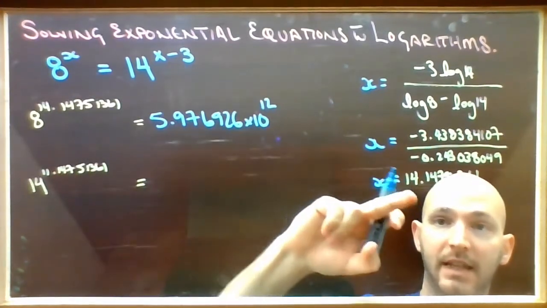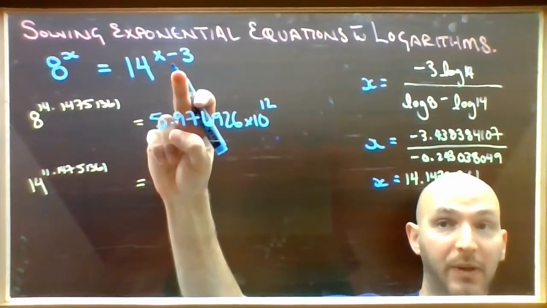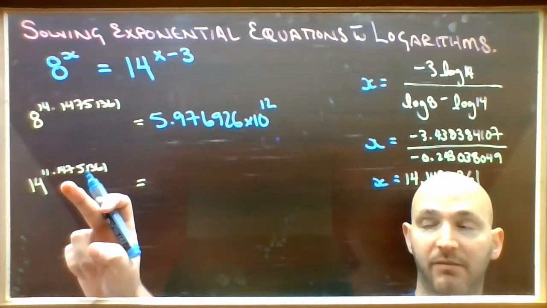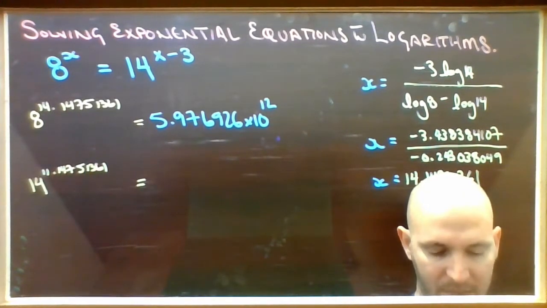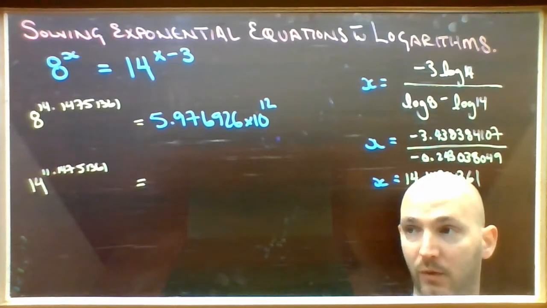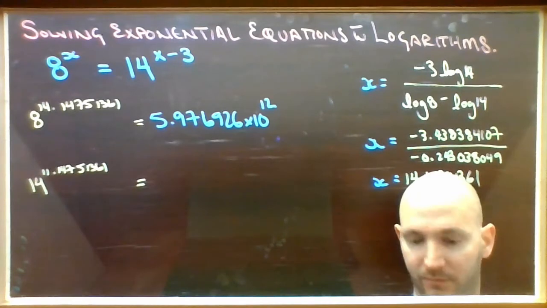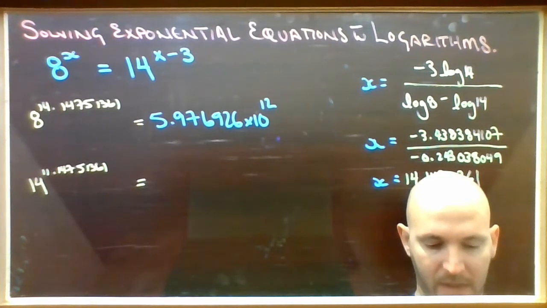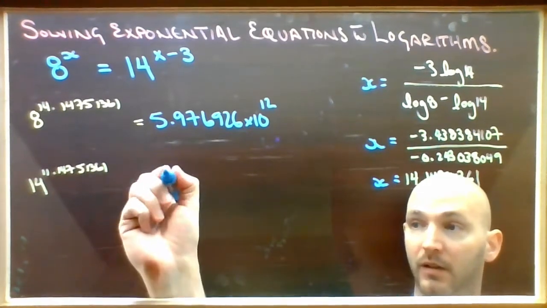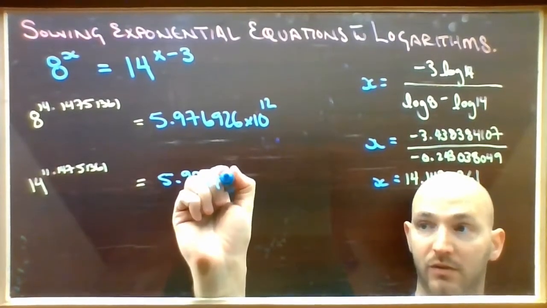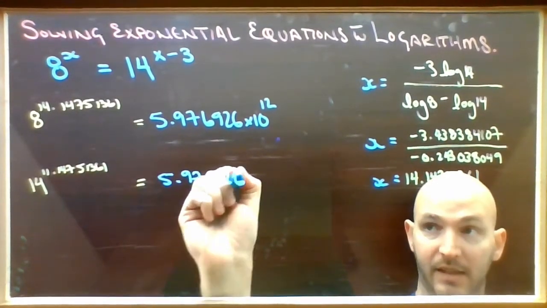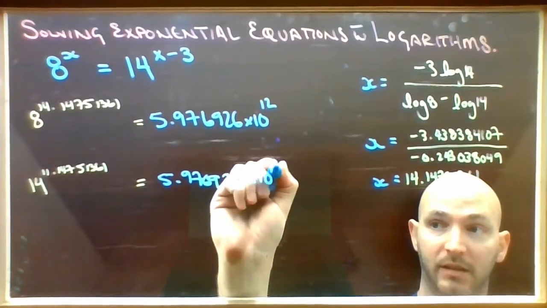And if I take this same number and subtract 3, I end up with 11.14751361. And if I do 14 to the exponent 11.14751361, I end up with 5.976926, if I round, times 10 to the 12.